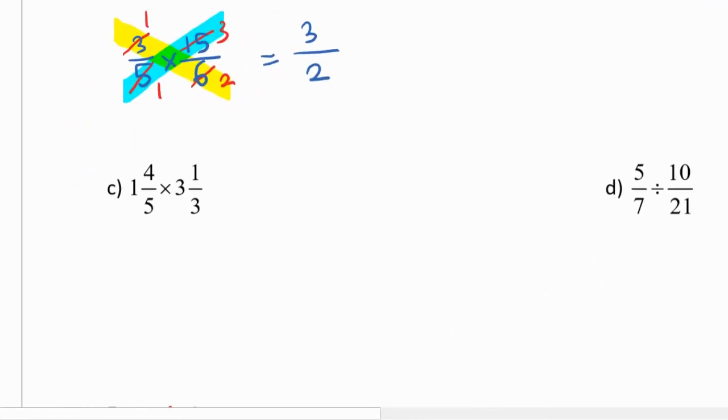Okay, those are mixed numbers. When you have mixed numbers, you always need to change the mixed numbers to improper fractions. Okay, let's change the mixed number to improper fractions. Do you guys remember how to change mixed numbers to improper fractions?